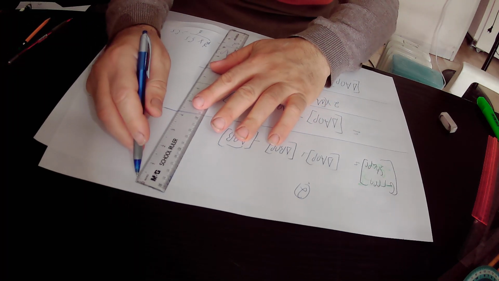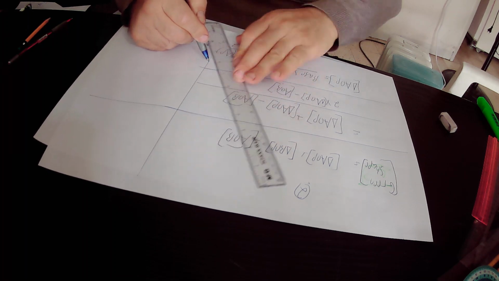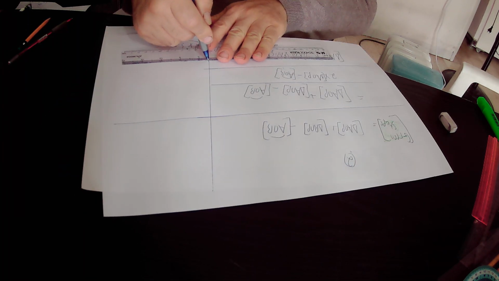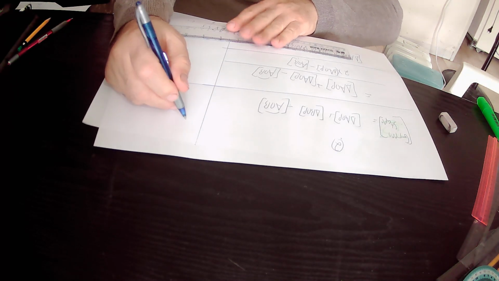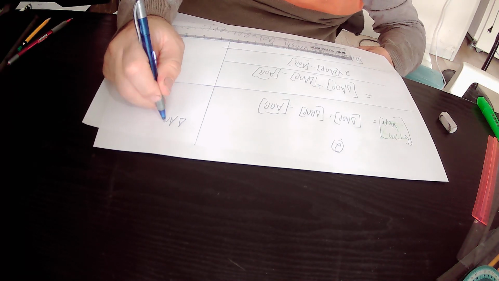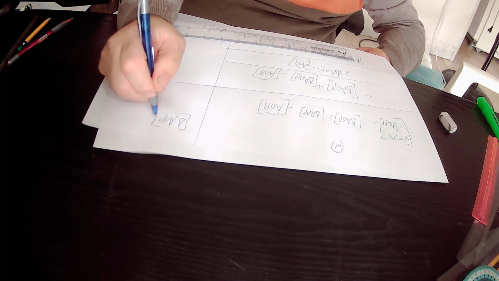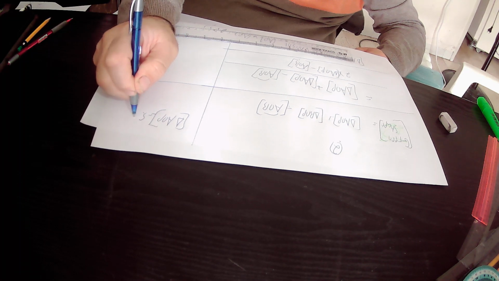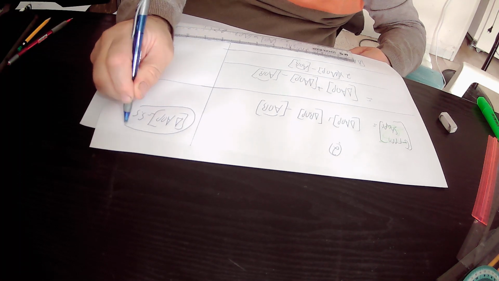So I write it down. The area of the upper right triangle AOP equals 5.5 square units.